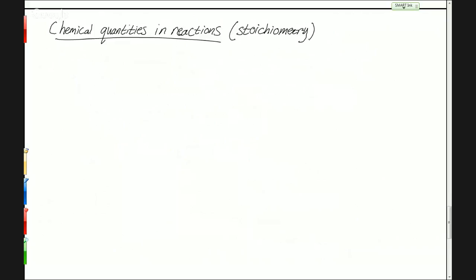So let's look at the reaction between silver and sulfur to make silver sulfide. Is that reaction balanced?